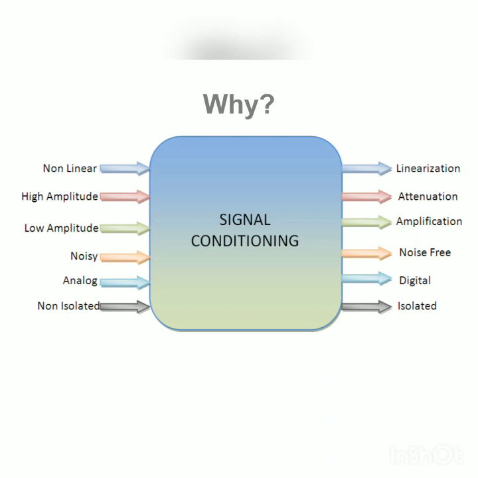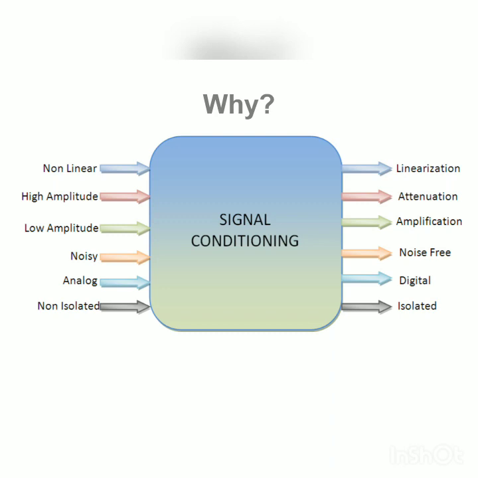Now, when we have so many different conditions of the input, then at the output side we want a linear relationship. Then you may be in need of attenuation of the signal. Sometimes you may have to amplify the signal, that is, increase its strength. You may have to cancel out the noise.